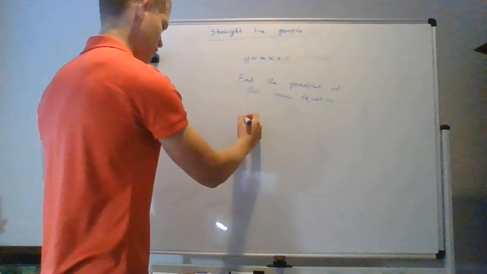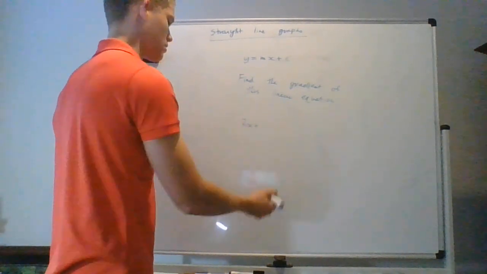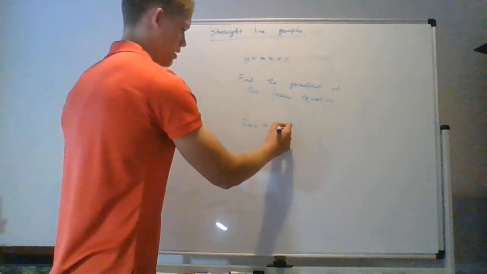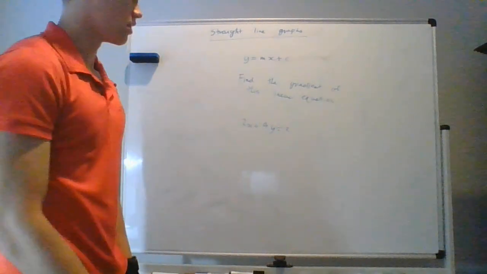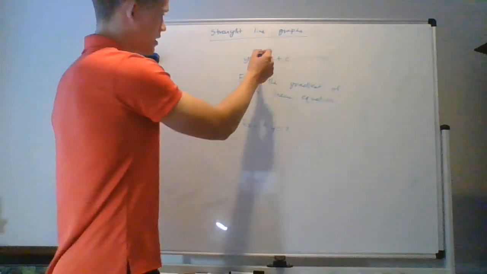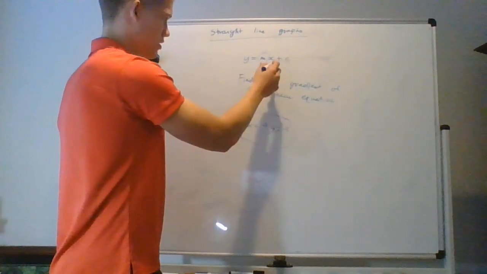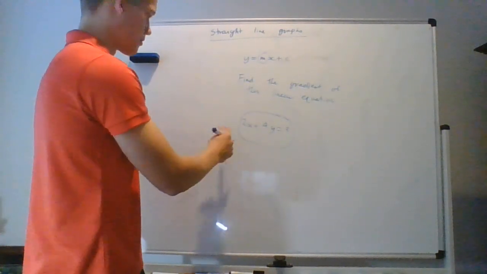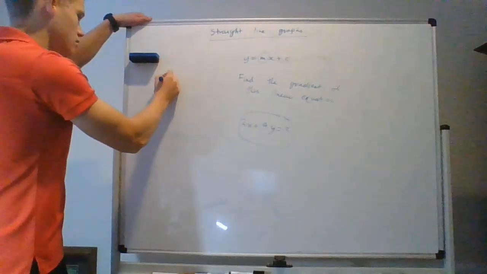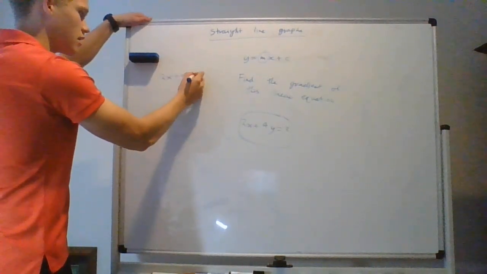And let's say we have 2x plus 4y equals 2. The gradient is this value. So I'm going to try and put this rule into the form of y equals mx plus c. So I'm just going to rewrite it over here. 2x plus 4y equals 2.